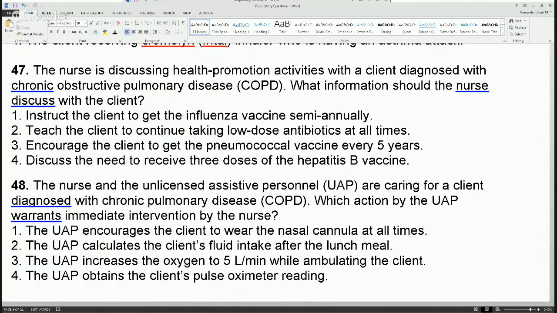All right, Robert, another one. The nurse is discussing health promotion activities with the client diagnosed with COPD. What information should the nurse discuss with the client?